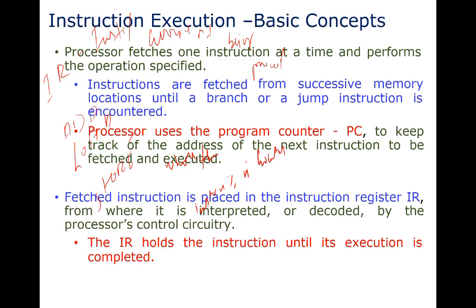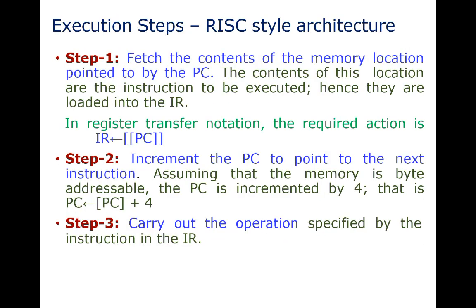Following this, with respect to RISC style, we are going to see the fetch, decode, and execute process. At a basic level, instruction execution can be understood using these three steps: fetch, decode, and execute. Initially, the processor fetches the instruction from memory.